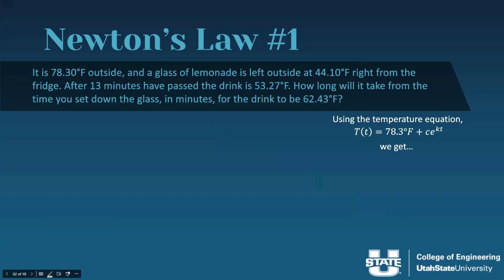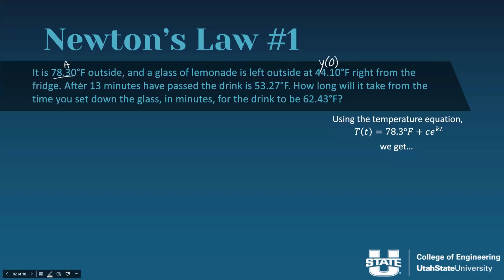Okay, so reading the problem, we're given a bunch of information. It's 78.3 degrees outside. We're just going to say, okay, that's our ambient temperature. Our glass of lemonade is left outside at 44.10 degrees Fahrenheit, right from the fridge. That's our y naught, because right out of the fridge, this is our temperature.